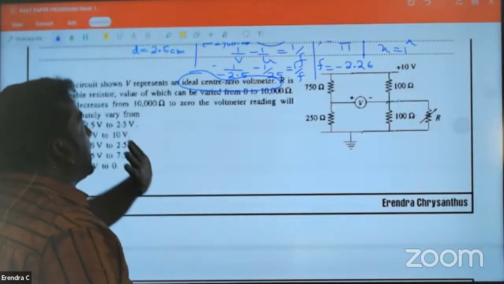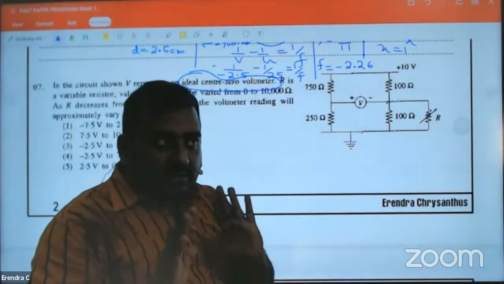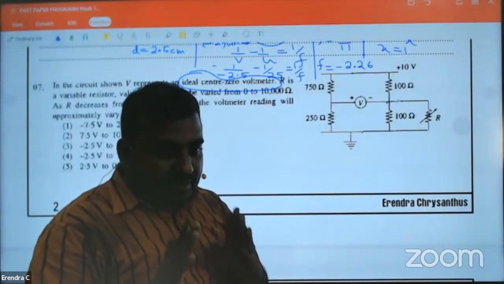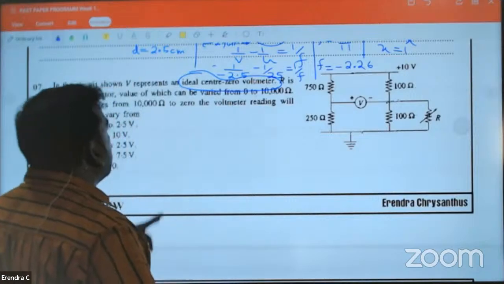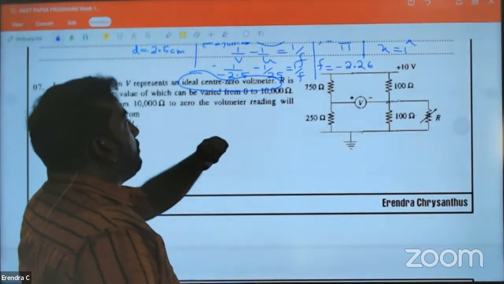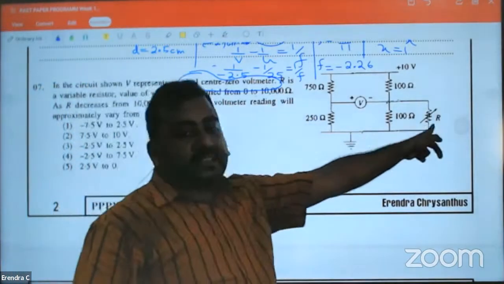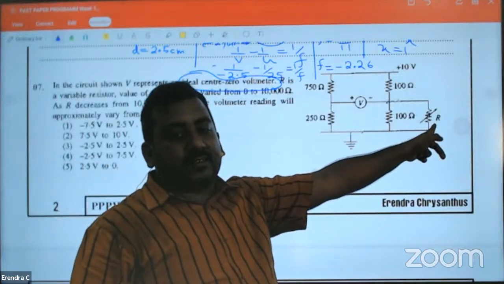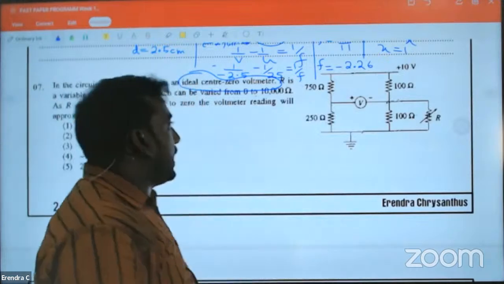A variable resistor means we can change the resistance. Clear? It can be varied from 0 to 10,000. Where is the variable resistor? Here is the variable resistor. Can you see the sign?